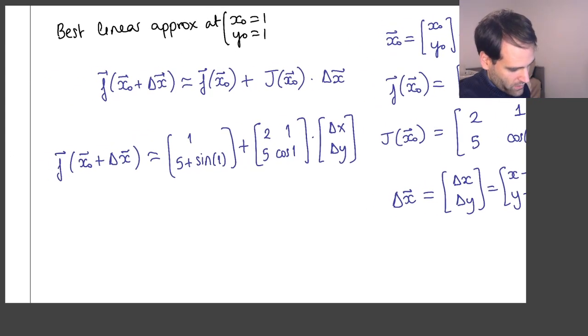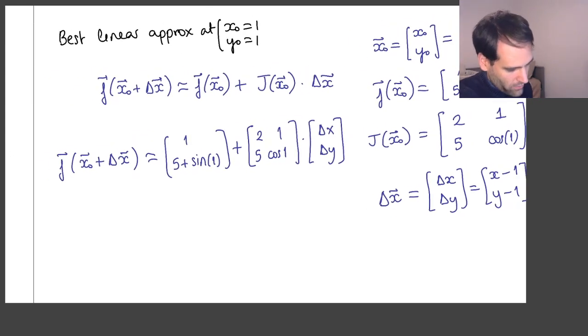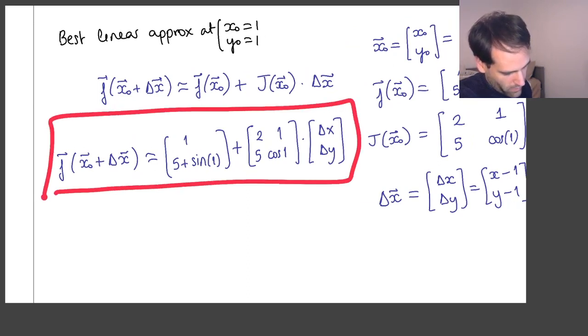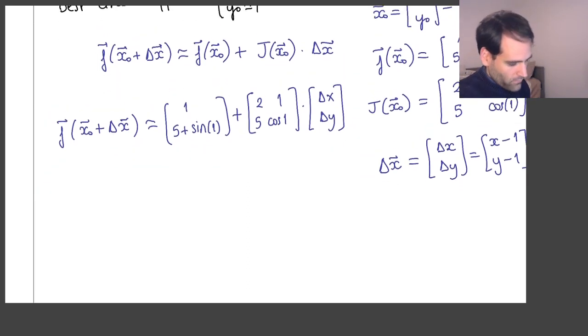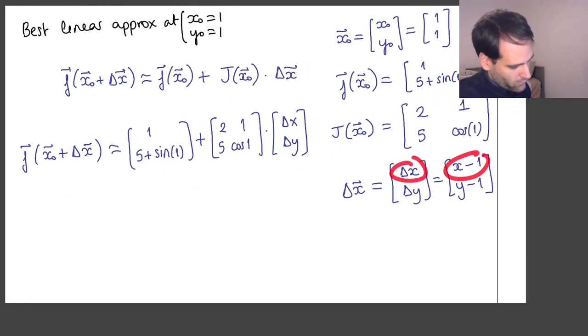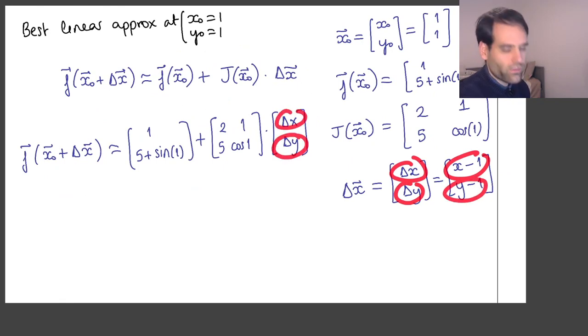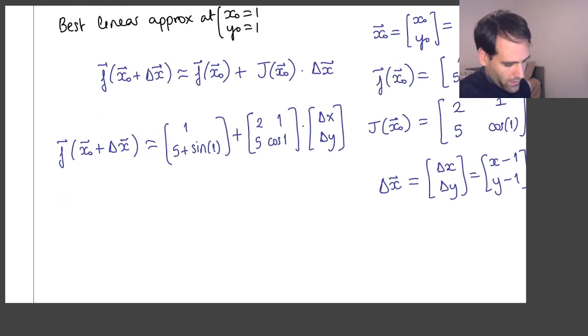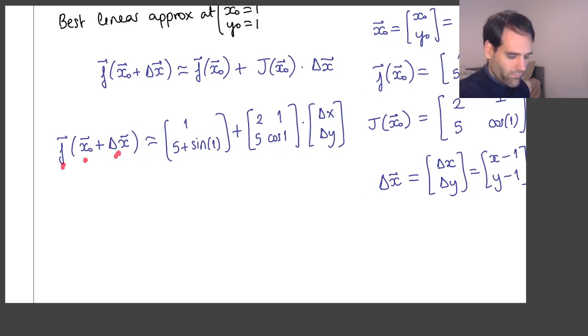And that's it. This is the best linear approximation to this function at the point 1, 1. Okay. If you want, you could substitute delta x equals x minus 1 and delta y equals y minus 1. Okay, that's fine. You can do it if you want. And that way you can write f of xy, because it really depends on x and y.